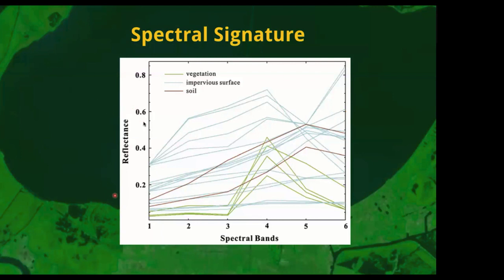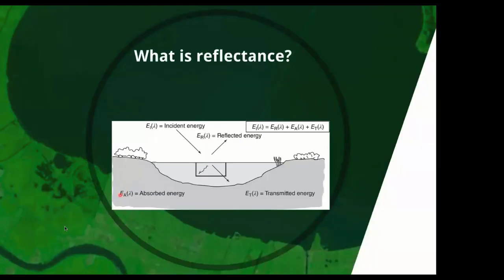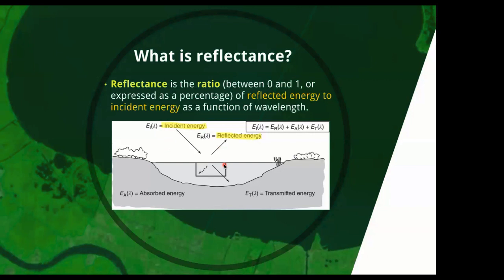For the spectral signature, what is plotted on the Y-axis is known as the spectral reflectance. Also, just a quick reminder about the energy interactions. Reflectance is basically measured as the ratio of reflected energy to the overall incident energy, which is definitely less than 1.